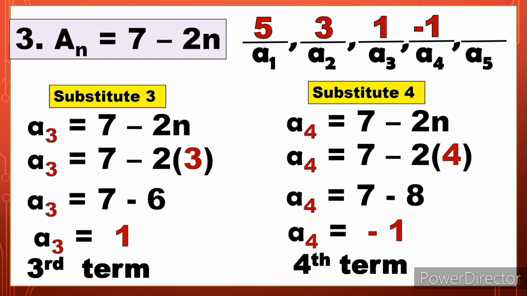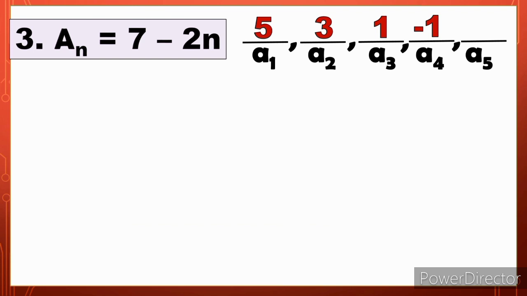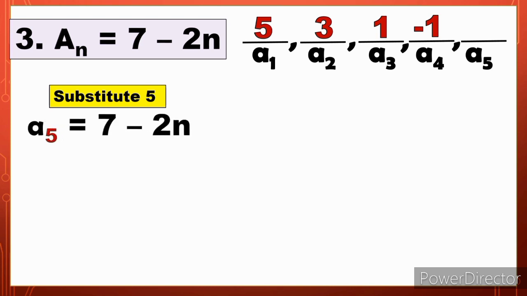Okay, next, to find the fifth term or a sub 5, we substitute 5. Then, now we have a sub 5 equals 7 minus 2n. Then, substitute 5. Then, now we have a sub 5 equals 7 minus 2 times 5. Then, simplify. Negative 2 times 5 is negative 10.